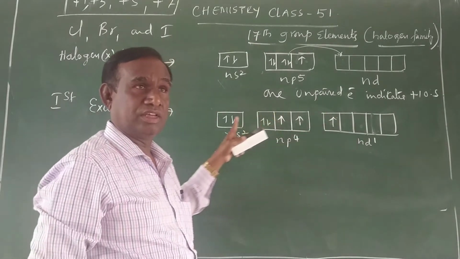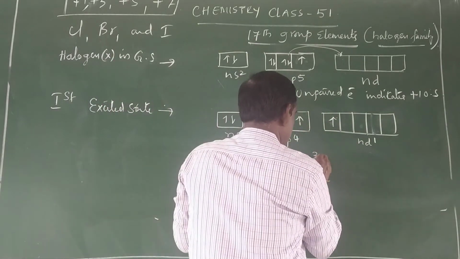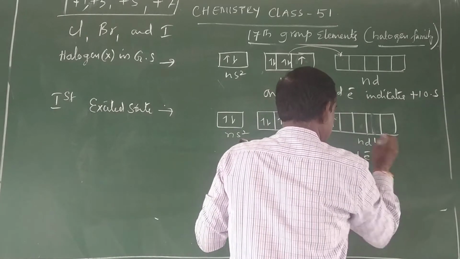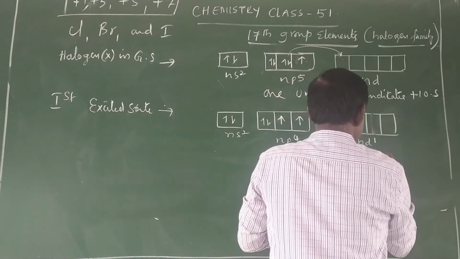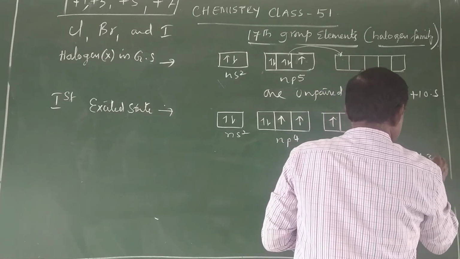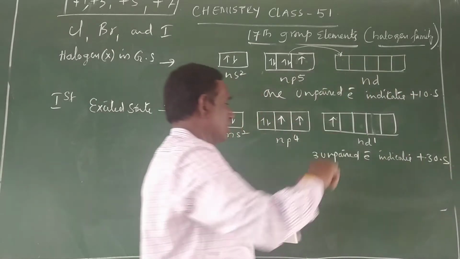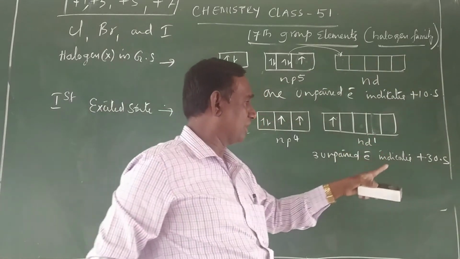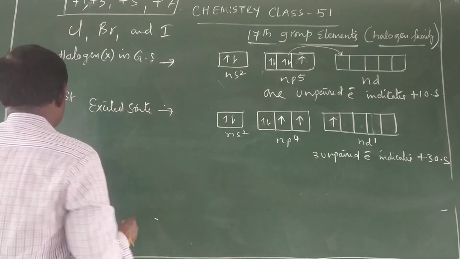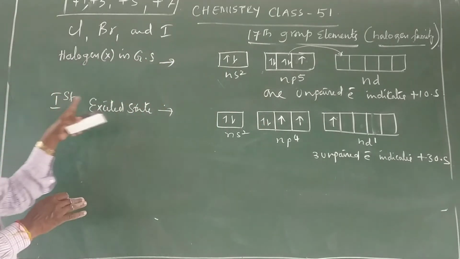So therefore 3 unpaired electrons indicates plus 3 oxidation state. So it is in the first excited state.